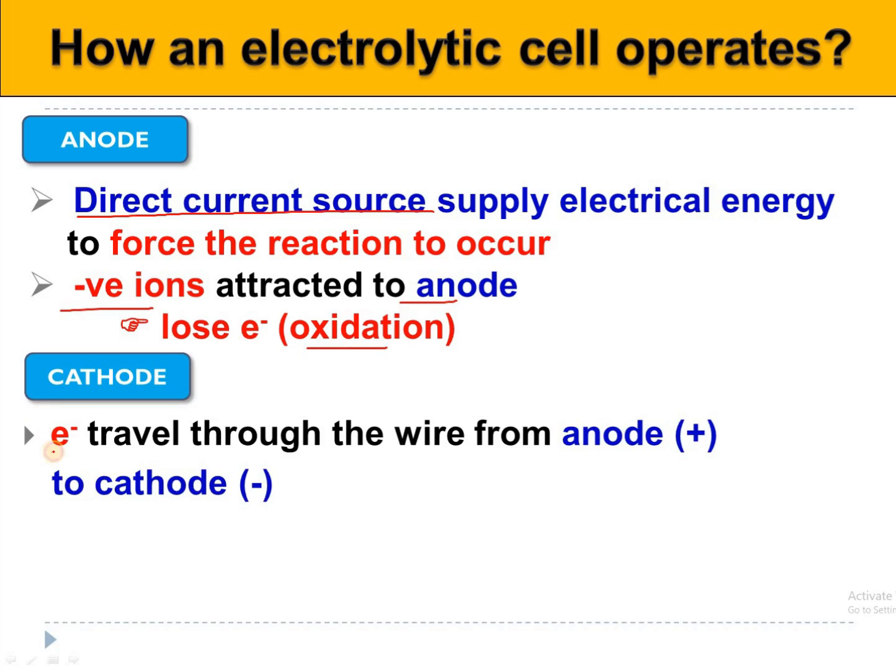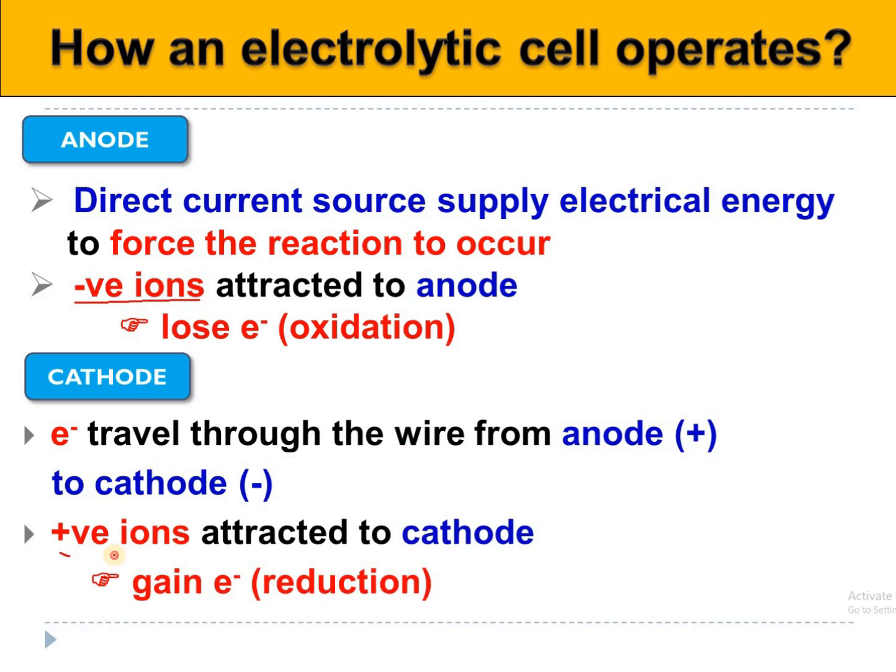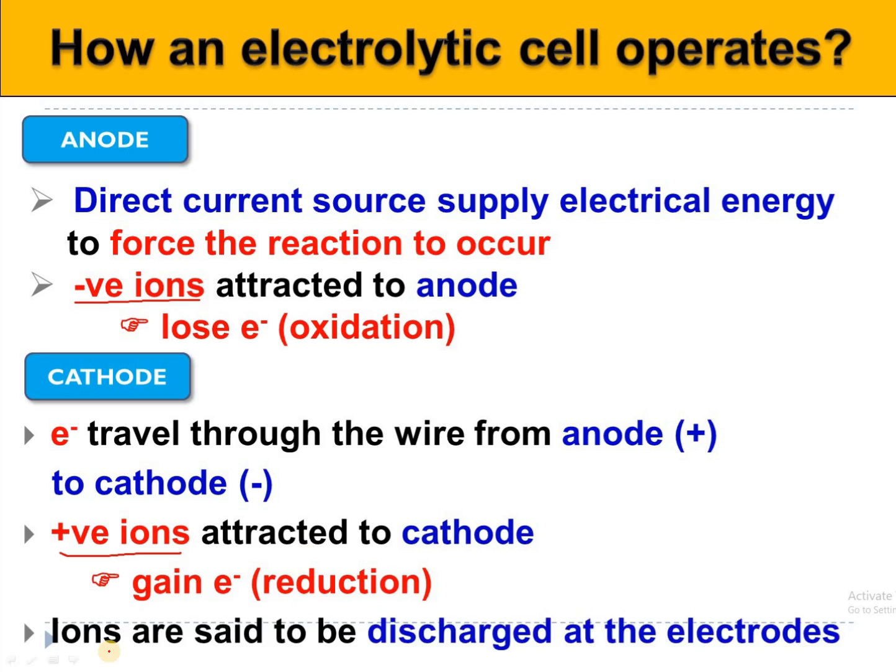For the cathode, electrons travel through the wire from anode to cathode. During the process, positive ions from the electrolyte are attracted to the cathode, so the reduction process occurs at the cathode, with a half reaction of gain of electrons. Ions are said to be discharged at the electrode.